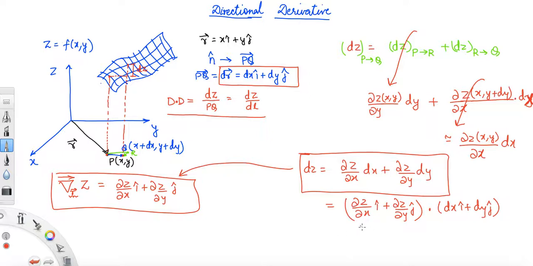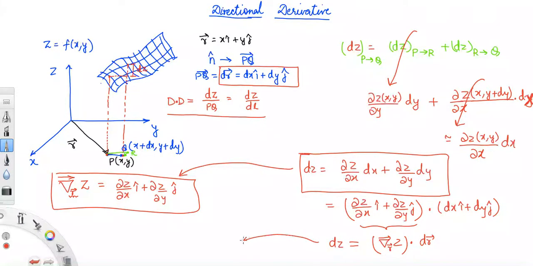So we can say that this quantity is our gradient vector, that is del z at r vector dot dx i plus dy j, which is nothing but dr vector, and this is dz.